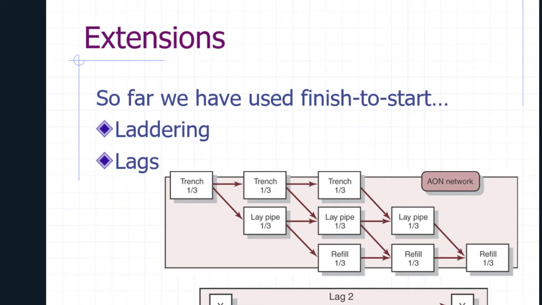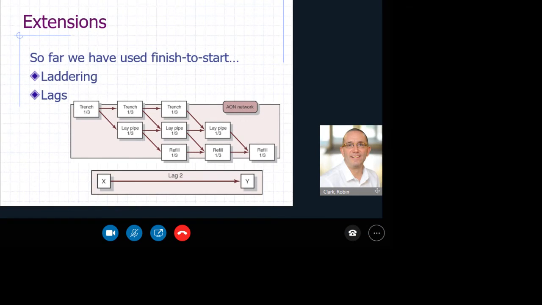Now what we do with this particular example is we write what the lag is, in this case let's say 2 days, on the line that goes between the two activities. And what it means is that if, for instance, we're doing the forward pass, and the earliest finish on activity X were 10, and then it's feeding into Y, we've got a lag 2.